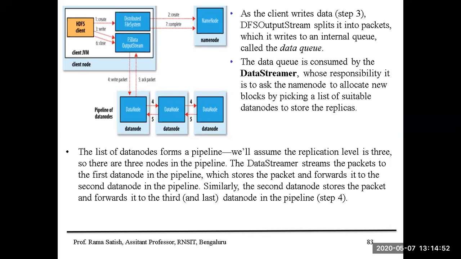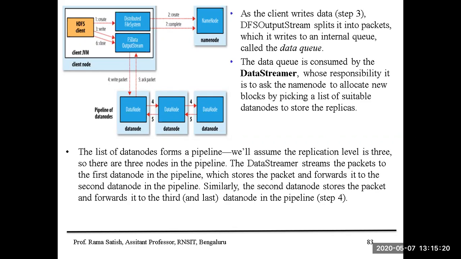We will assume that the replication level is 3. The default replication level is 3. So there are 3 nodes in the pipeline, and in the pipeline you will have the IP addresses of these data nodes. One IP address is different, another is different, another is different.